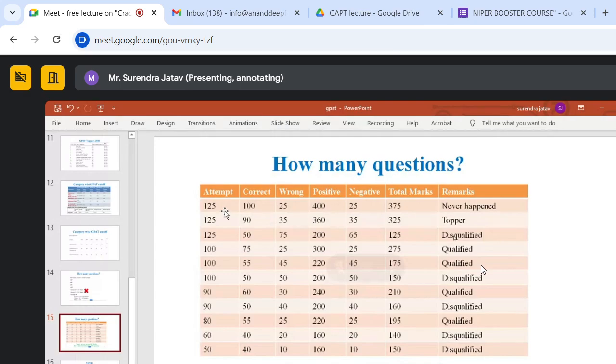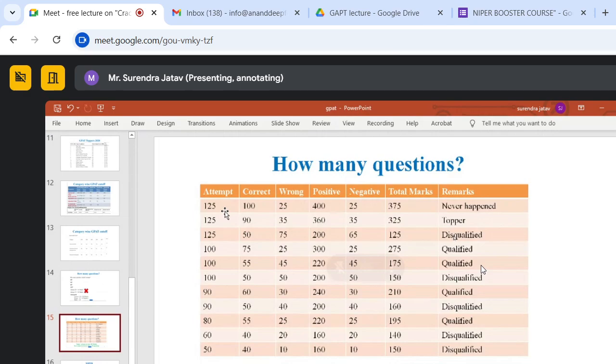Some years it was 100, some years 90, some years 80. That is previous data, so don't get confused by the 125. Before 4 to 5 years it was 100 questions only, before 5 to 6 years 90 questions, before 7 to 8 years 80. But the calculation was something different then.